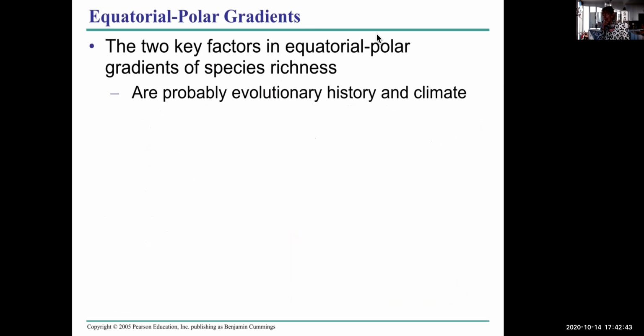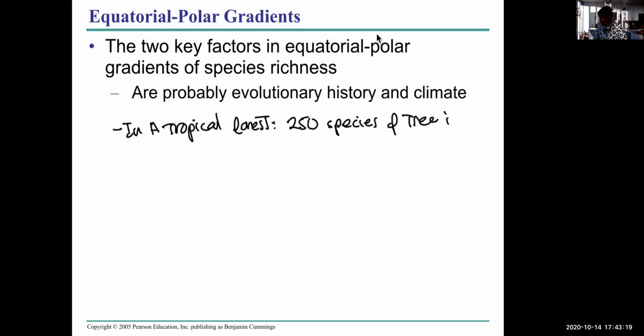You might have noticed in our past discussions that there is a real difference between the polar regions, up here in the Northern Hemisphere, for example, compared to the equator. So for example, in a tropical forest, there may be 250 species of tree in 1 hectare.